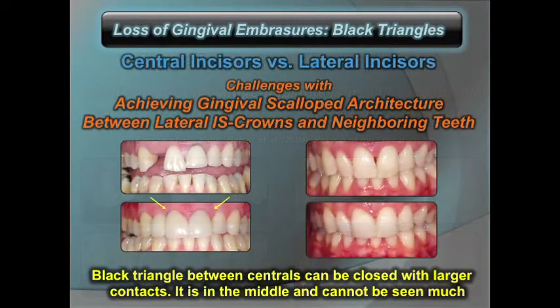Now that we know that single implants are easier to restore than 2 implants on the central because of the loss of the bone, the other one is the problems with the lateral incisor, with the central incisors. Now, it's always easier to restore the laterals. Why? Because no one notices the triangle between lateral and the central.